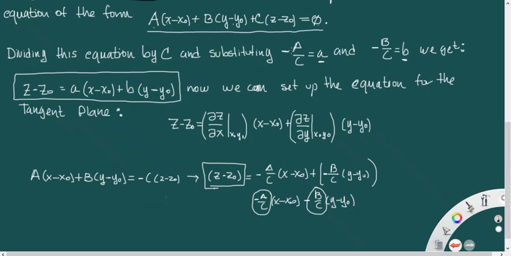We are replacing minus a divided by c with an a and minus b divided by c with a b. So now we have z minus z sub 0, which is the change of the dependent variable, equal to some constant a times the difference between 2 points in the x-axis plus b times the difference between 2 points in the y-axis.